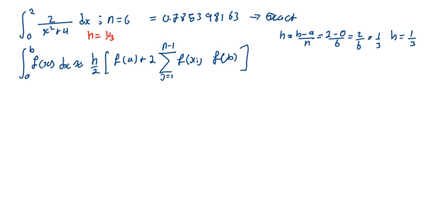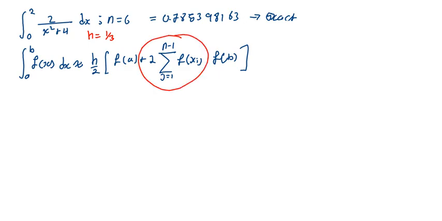Another thing we have to keep in mind is this summation part, because that's where there is a lot of work. If you substitute here, where there's n you plug in 6, and 6 minus 1 gives us 5. So this is going to be 5 right here. Then here you have f of x sub j, where x sub j equals a plus j h.